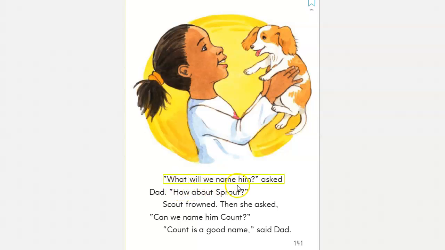What will we name him? Asked Dad. How about Sprout? Scout frowned. Then she asked, can we name him Count?